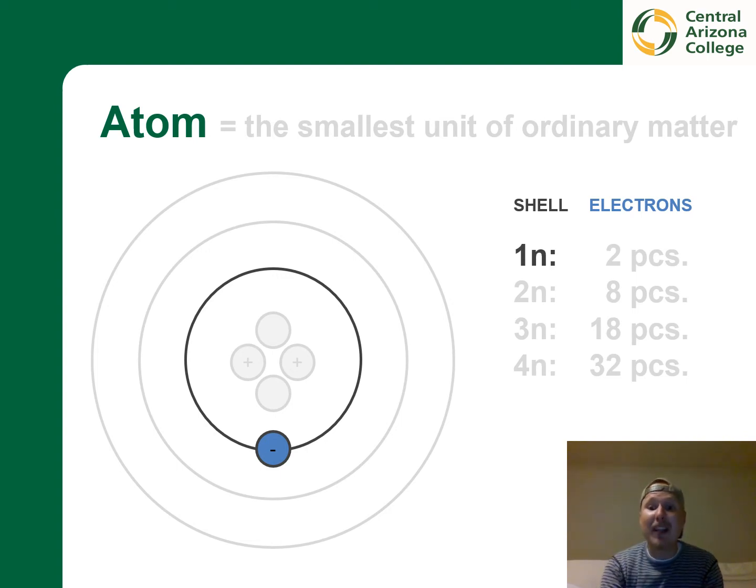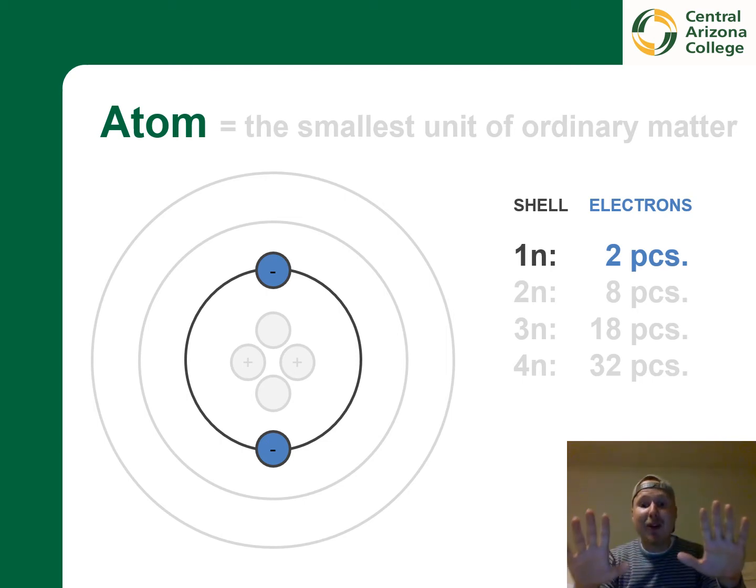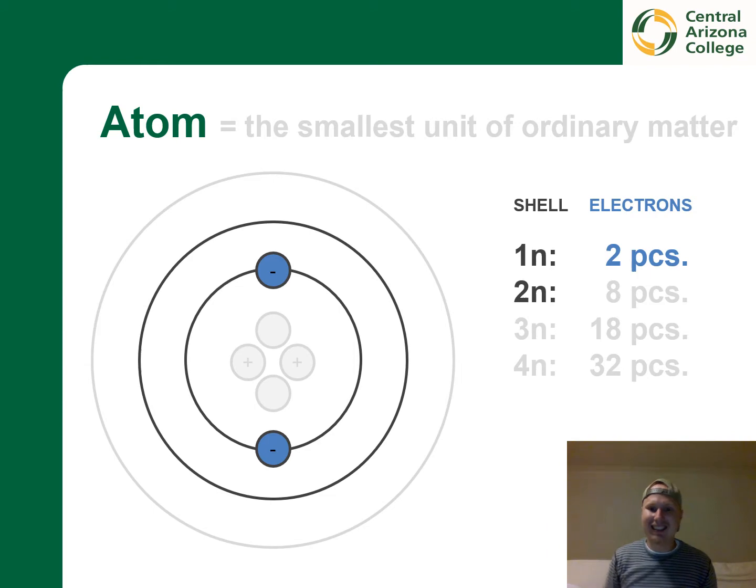It can contain either 1 or 2 electrons, but never more. 2 is the maximum number of electrons that fit in here. But what do we do then if we have an atom with more electrons than that?